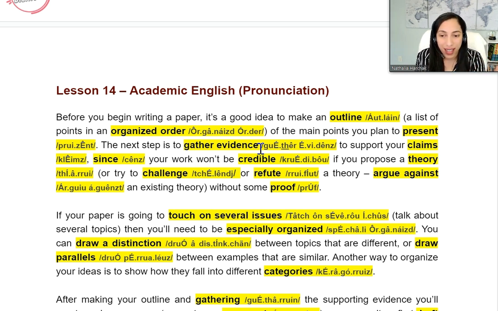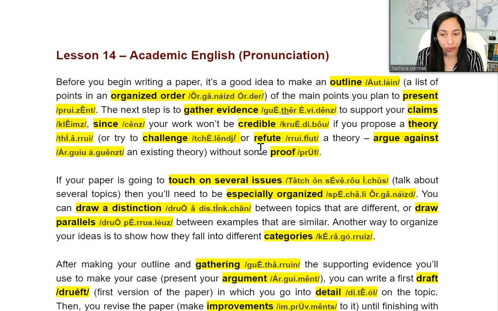Since, since. Credible, credible. Theory, theory. Challenge, challenge. Refute, refute. Argue against, argue against. Proof, proof.